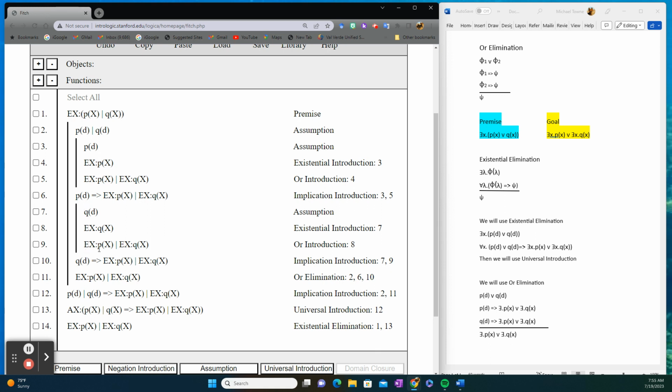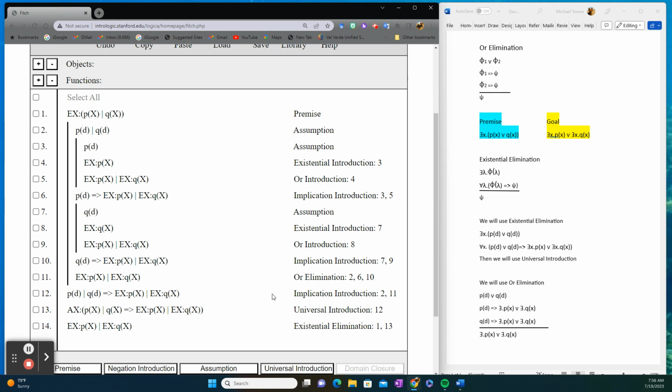But I had to get my overall strategy in place first. And my overall strategy was to try to get something, well, this is given, and so I needed to get something in this form. So I needed to recognize that PXQX was my phi, and EXPX or EXQX is my goal, and that's how I did it.